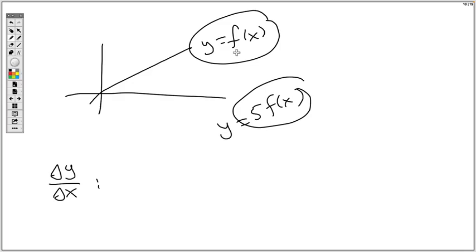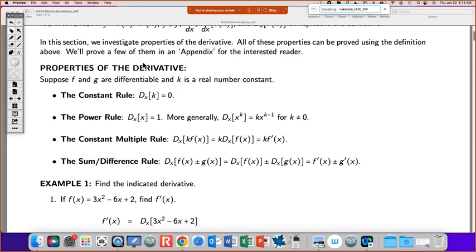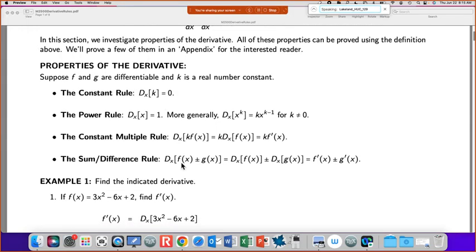You follow? So if I look at the rate of change of y over x, the rate of change of 5f of x is going to be 5 times as much as the rate of change of the regular f of x. Does that make sense or not?